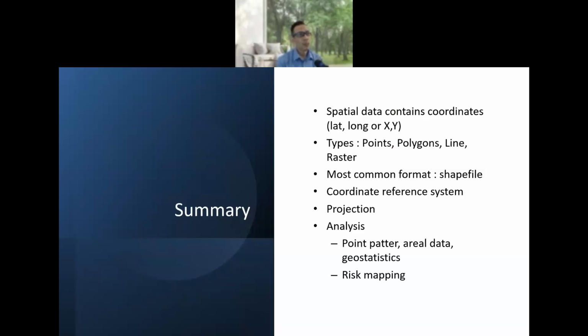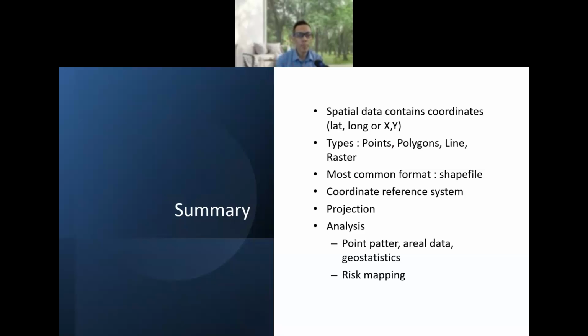Because why? We can't do linear regression. We can't do logistic regression, because both analyses require independence assumptions. But you know that spatial data, they are not independent.